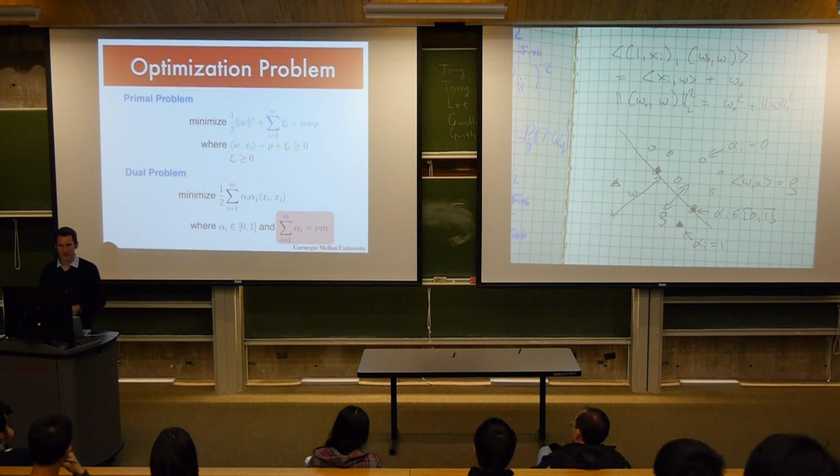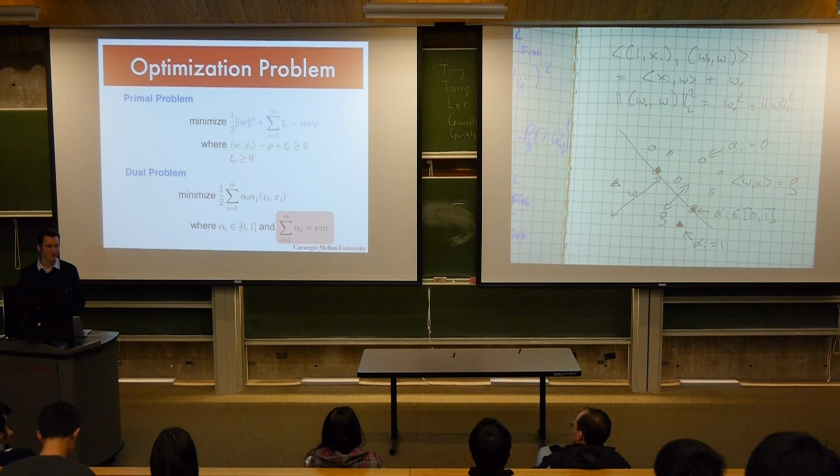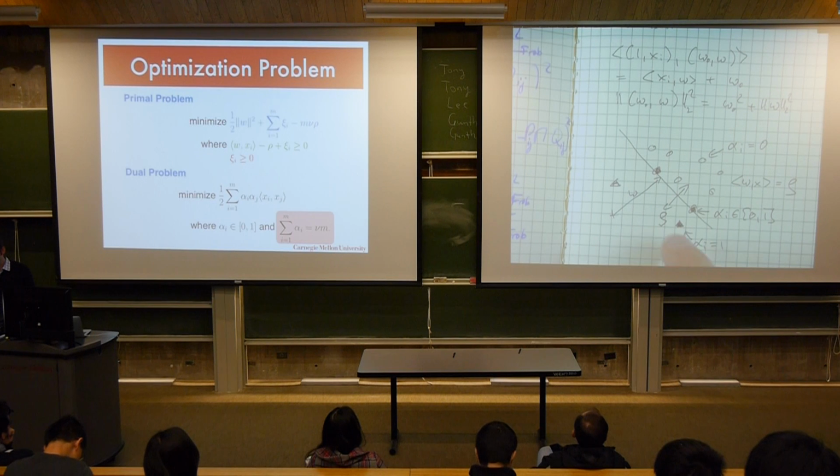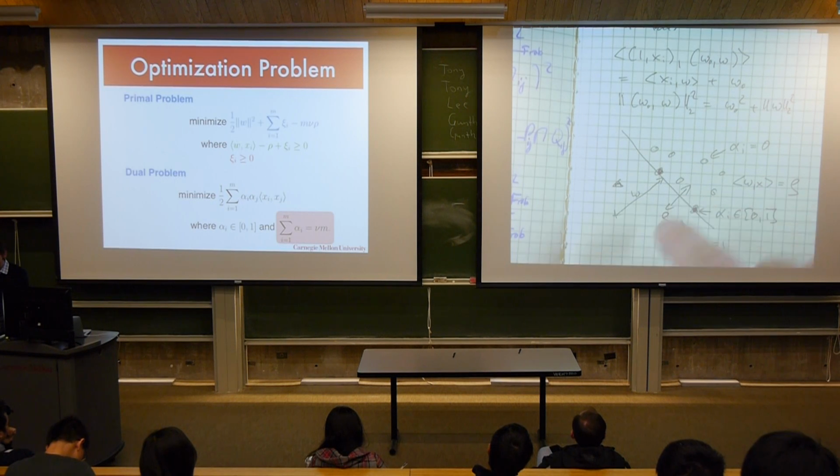Where would the data points lie? They would be on the boundary, or they could be on the wrong side. So basically in that really horrible situation where all the alpha i's are non-zero, I would have points exactly here on that line and over here on the left-hand side.